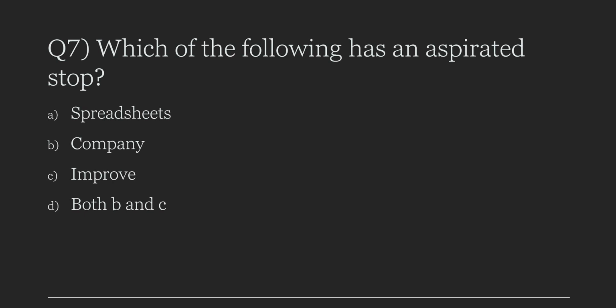If we pronounce the word spreadsheets, there is a sound of s in the ending, so this is not a voiceless ending. In the word company, there is no pronunciation of the Y. And in the word improve also, there is no pronunciation of the E. Hence these 2 are the correct options. Therefore the answer is option D, both B and C.